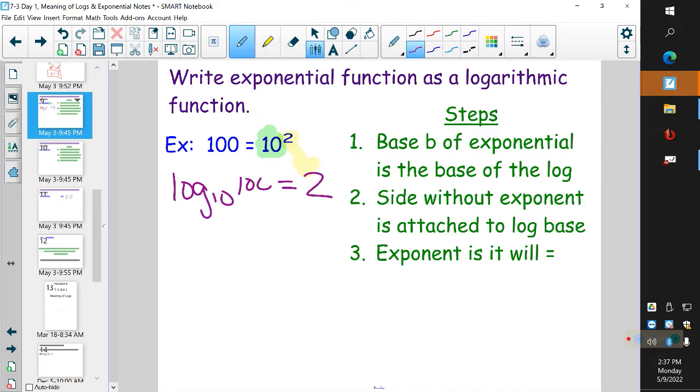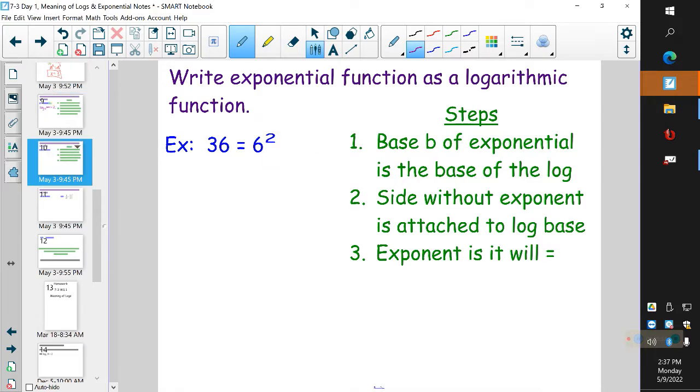And then my number 100 goes right there. Again, my base is 6, so I write the word log, and I have 6. Then I leave a space, and this exponent is going to be what it equals. And then I simply drop the 36.